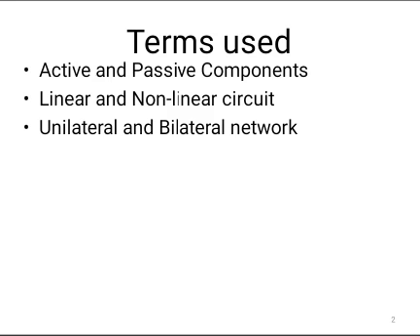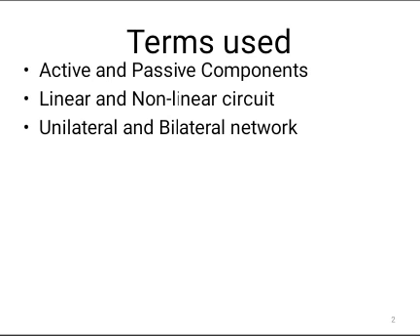Next, unilateral network. It is a circuit whose properties change with the direction of its operation. A diode rectifier is a unilateral circuit because it cannot perform rectification in both directions. Next, bilateral network.